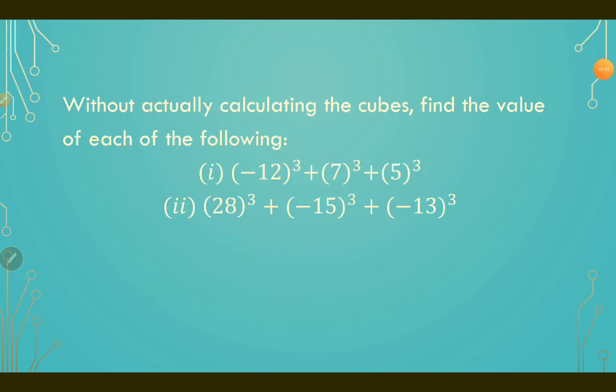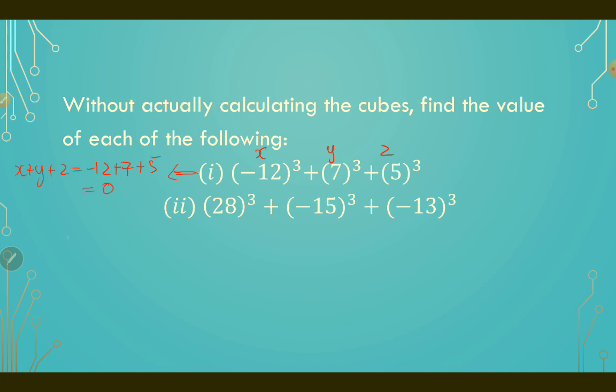Without actually calculating the cubes, find the value of each of the following. The first one, if this is x, this is y and this is z, when I add x + y + z, which is −12 + 7 + 5, the answer is 0.